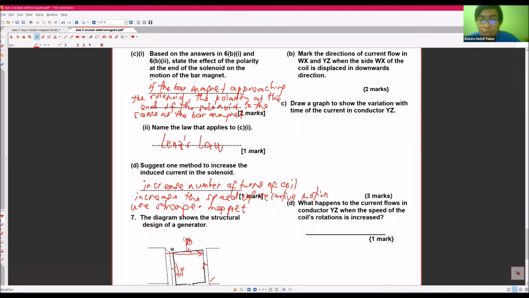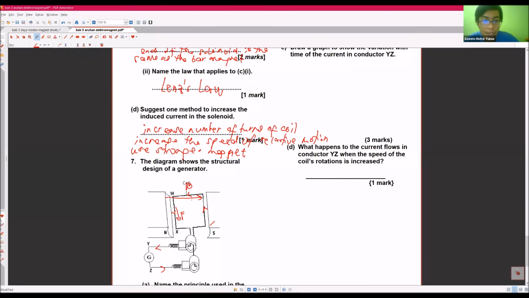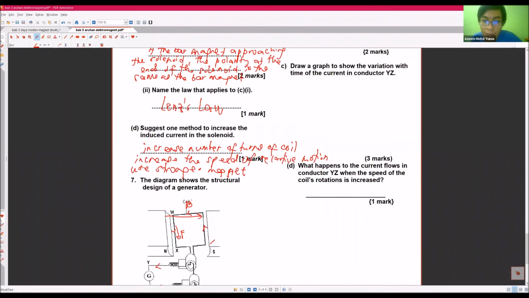Draw a graph to show the variation with time of the current in the conductor. Okay, so this is current, time, alternating current. Just make sure that you draw it with the same amplitude and the same frequency as well.